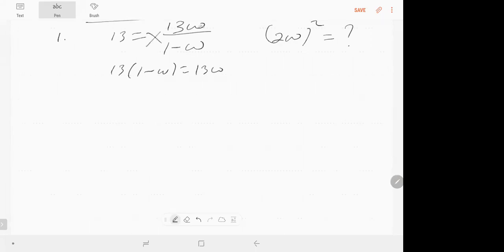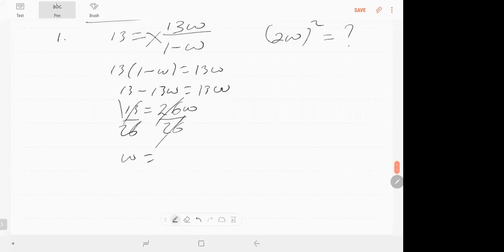So 13 times 1 is 13, minus 13 times w is 13w, is equal to 13w. We shift this expression to the left side; the minus sign becomes plus, so it is added to 13w, so it will be 26w. So 13 equals 26w, over 26 over 26, this cancels out. So w is equal to 1 over 2.